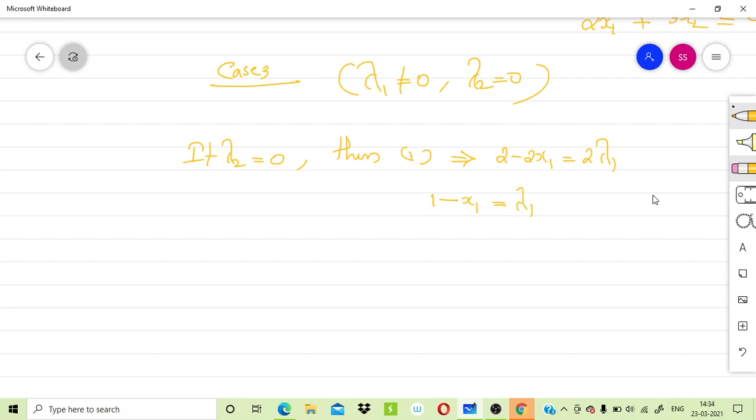And equation 2 implies 3 lambda 1 is equal to 1, so lambda 1 is 1 by 3. That means x1 is equal to 2 by 3.